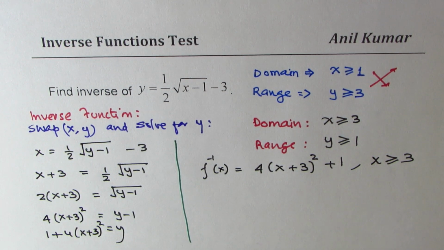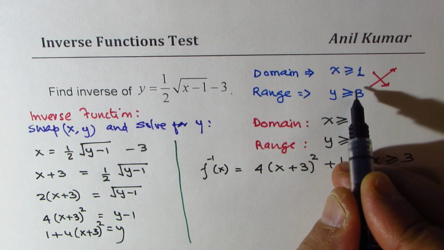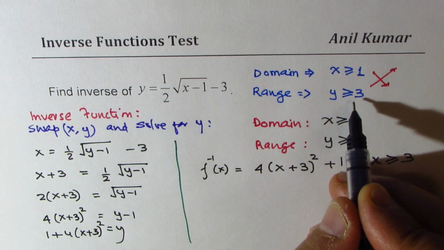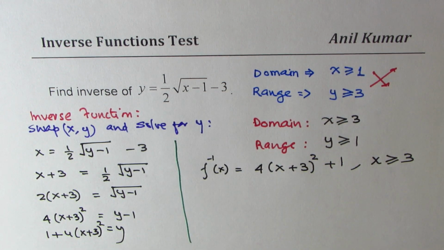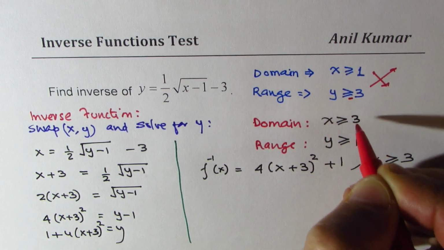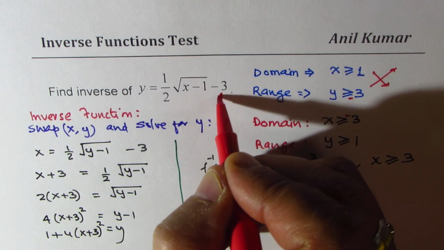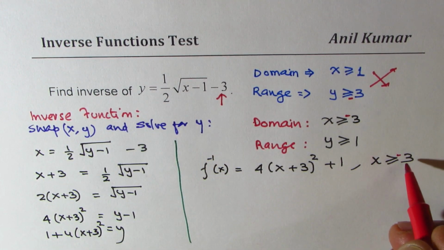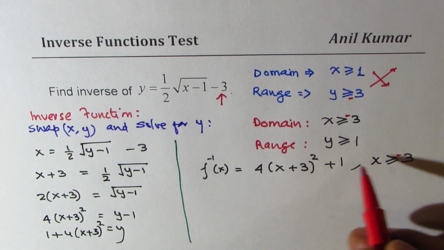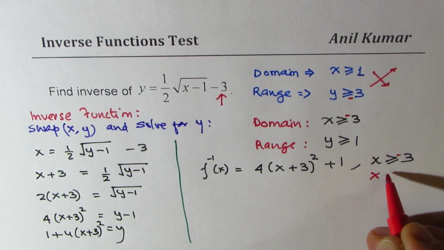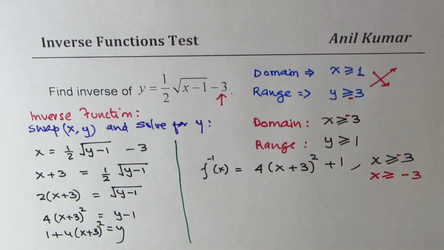Do you get the idea? Right? I'm sorry, this was minus 3, sorry. Let me do the correction. This is minus 3, this is also minus 3. So x is greater than or equal to minus 3, correct?